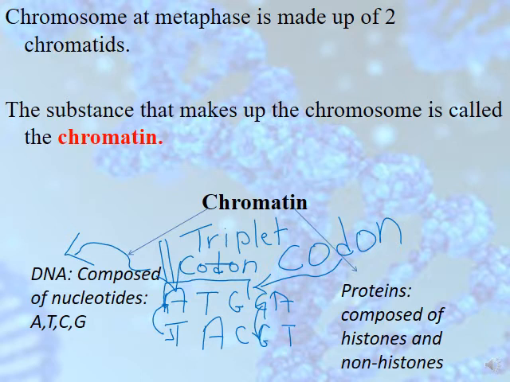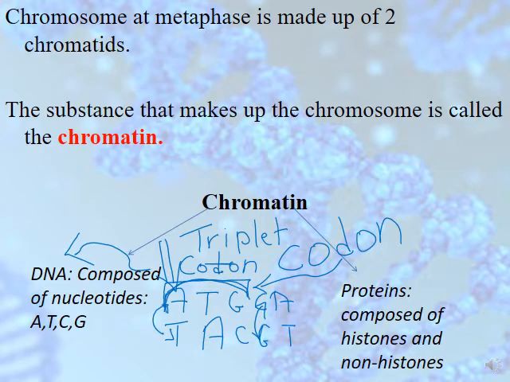As I said, DNA is composed of nucleotides A, T, C, G, and each of these is called a nucleotide. Every 3 together, for example ATG, are called a codon, or a triplet. A and T are complementary. C and G are also complementary.